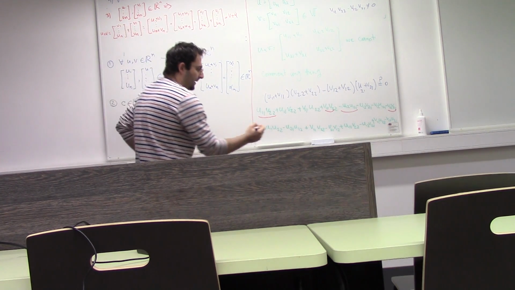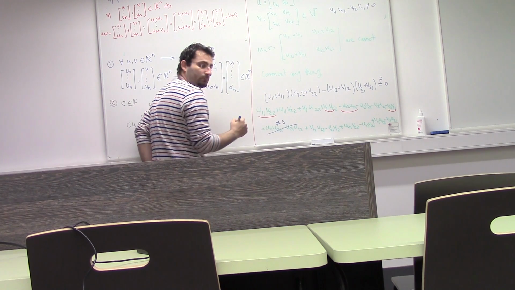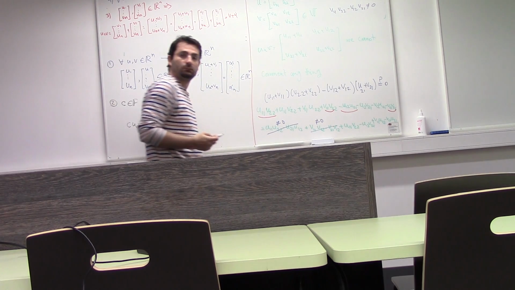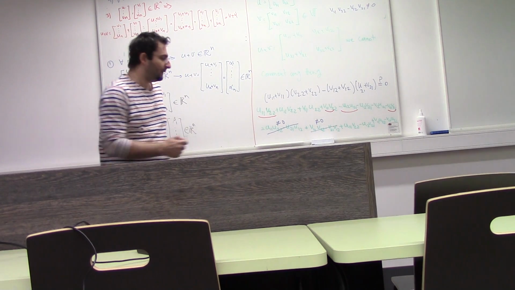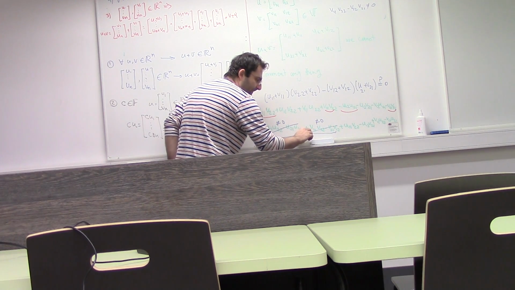Look, this is 0. This is definitely not 0. This is definitely not 0. Okay? Which means that these two additions give a number alpha.